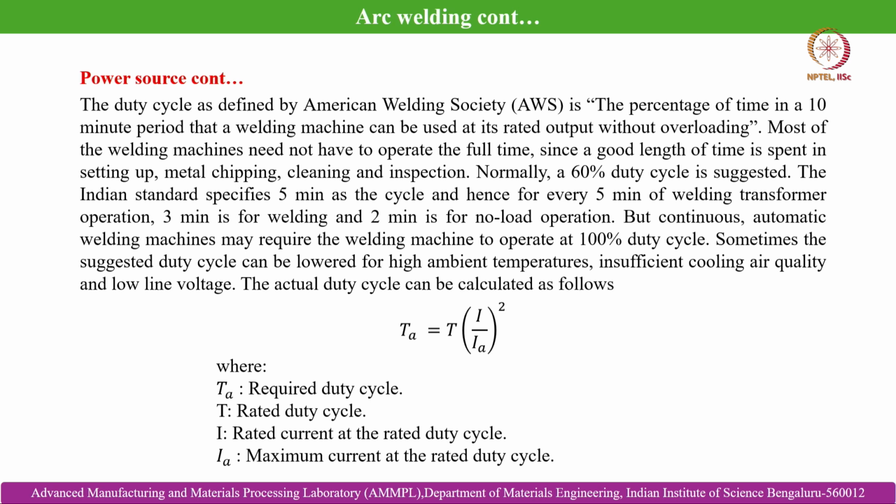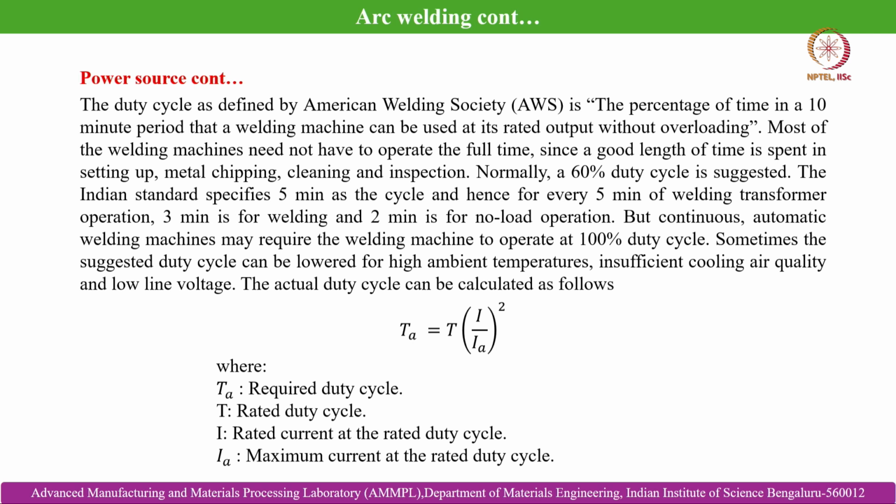But continuous automatic welding machines may require the welding machine to operate at a 100% duty cycle. Sometimes the suggested duty cycle can also be lowered for higher ambient temperatures, insufficient cooling air quality and low line voltage.